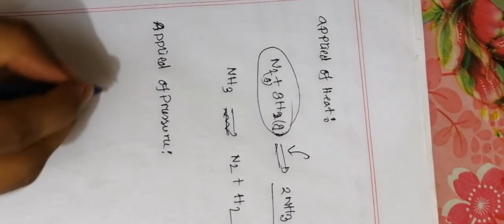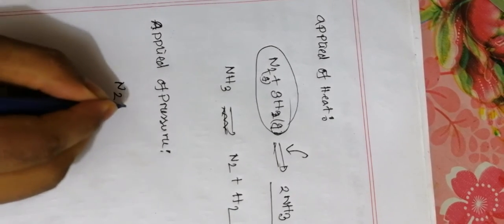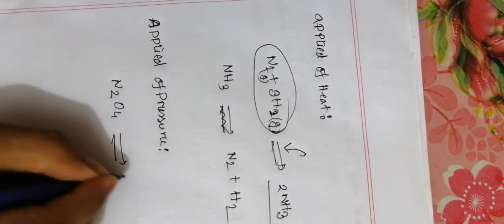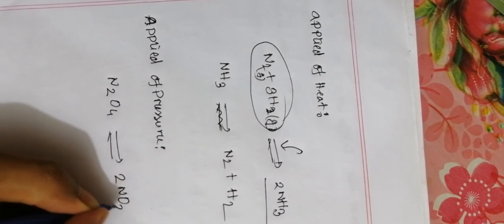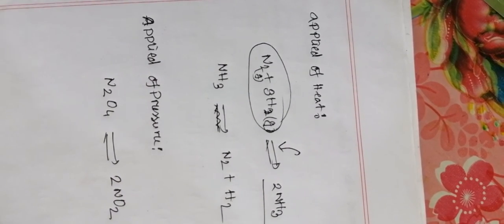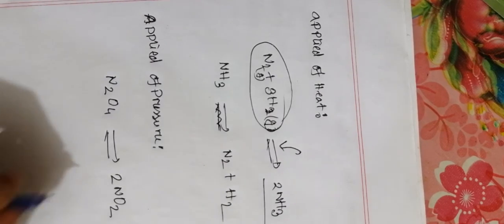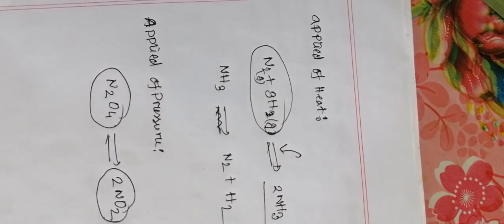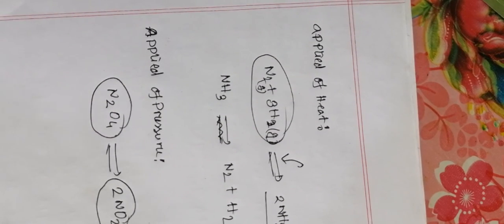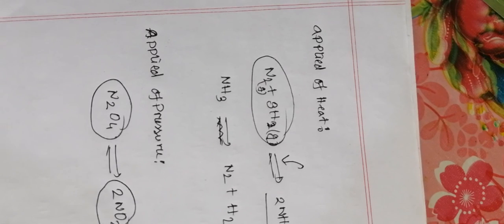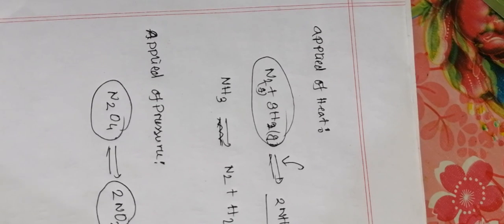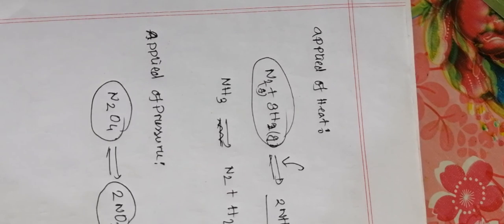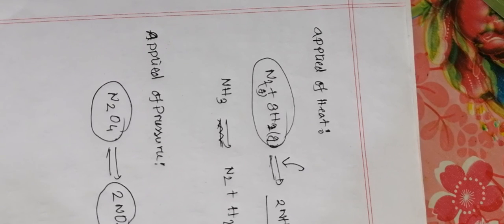Application of pressure. A reaction: dinitrogen tetraoxide will produce nitrogen dioxide. For the change of pressure, we have to know the molecules of product and the molecules of reactant. If we apply pressure at equilibrium, the reaction goes through where the number of molecules is lower.